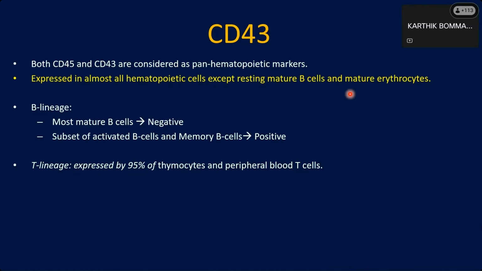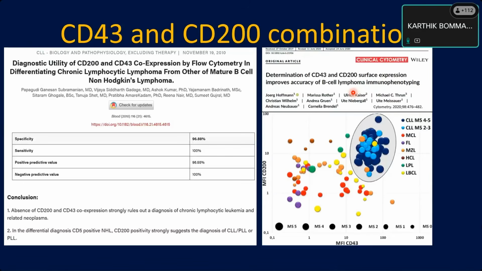CD43 is one more marker. It is similar to CD45. It is also considered a pan-hematopoietic marker, expressed on almost all hematopoietic lineage cells except B cells. So normal B cells will be CD43 negative. We make use of this antigen in combination with CD200 to identify CLL versus mantle.